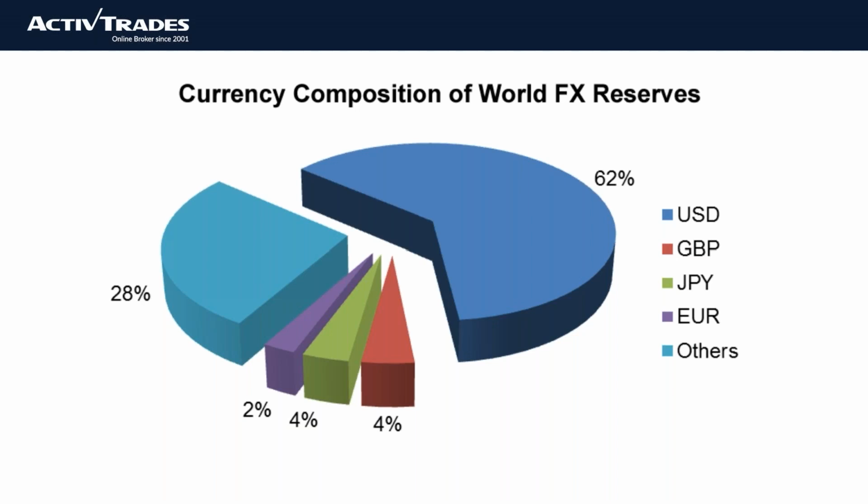You can see that 62%, nearly two thirds of world FX reserves, is held in US dollars, and then a little bit else in sterling, yen, and the euro, and the rest is others. It's just another reason why the US dollar is so dominant and so popular, because it helps keep the wheels of international trade rolling, which is what's good for all of us.